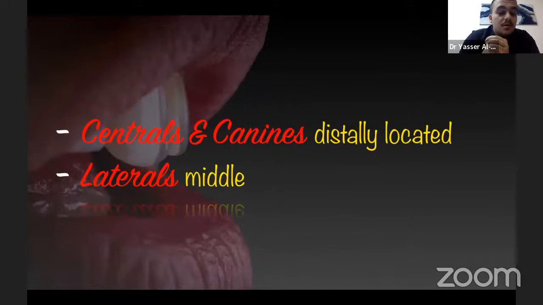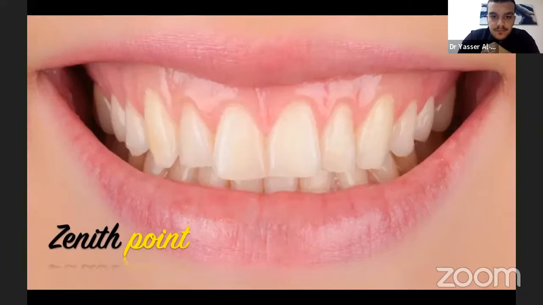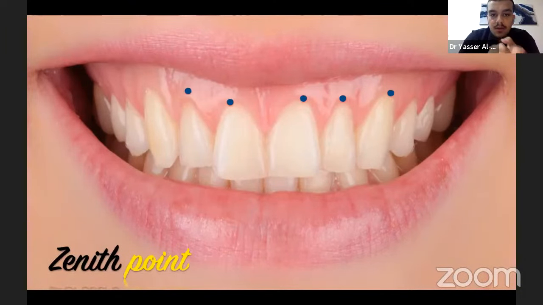The zenith point of the central and canine is located distally, but the lateral is in the middle. So as you look at the central incisors and the canine, the zenith point is located distally, like this, following the axis of the tooth, but the lateral is in the middle, like this.